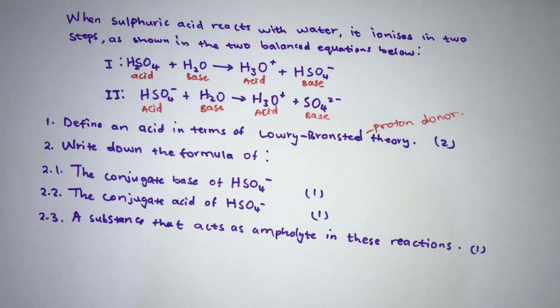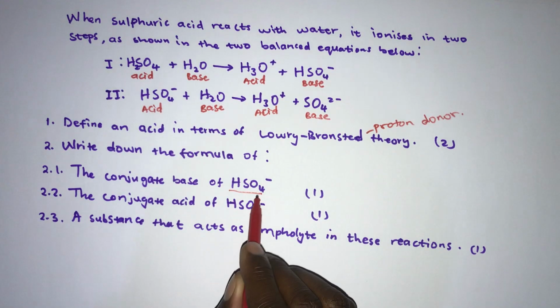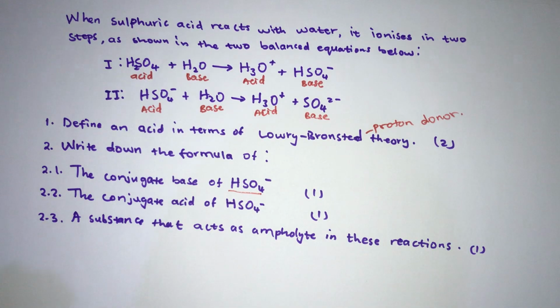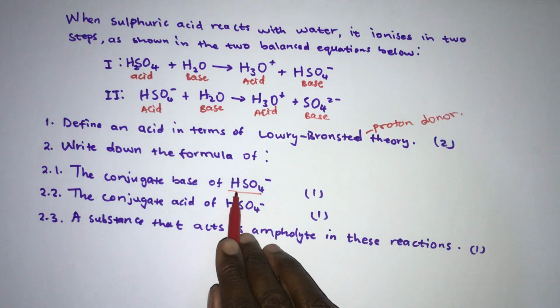And number 2, write down the formula of the conjugate base of HSO4-. Once they say the conjugate base, it means that this one is acting as an acid. So we are looking for the conjugate base. Since this one is an acid, we are looking for the conjugate base of this one. So you check in which reaction this one is acting as an acid.